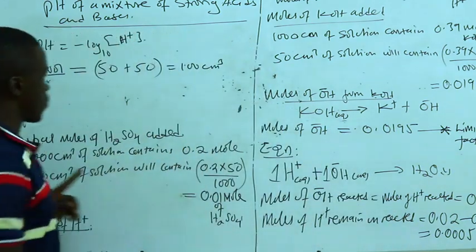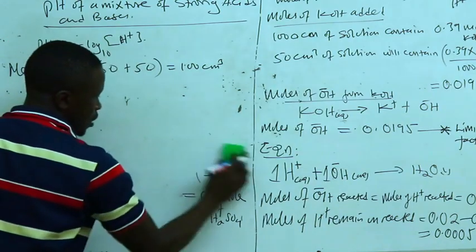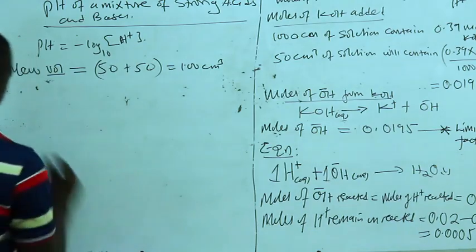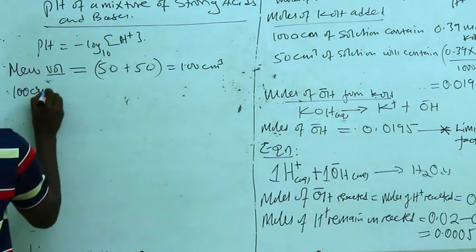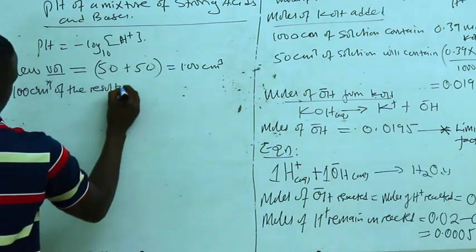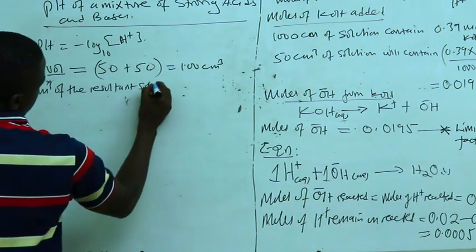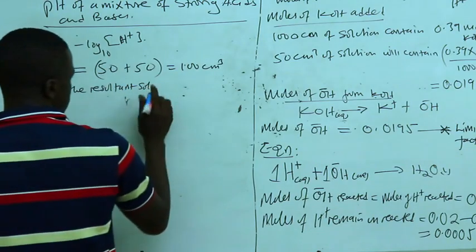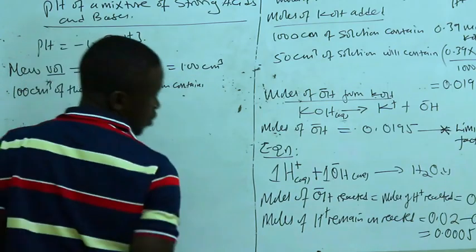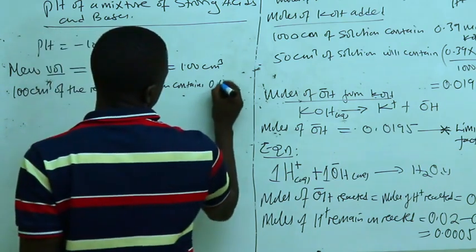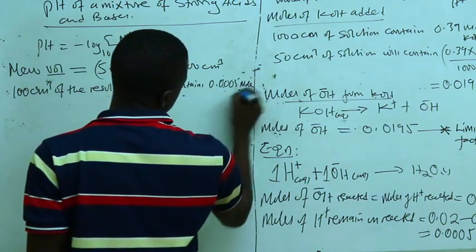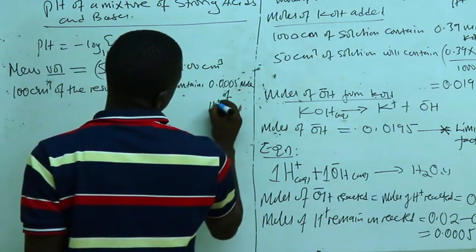So we find out what about in 1,000, so that we get the molar concentration of hydrogen ions. 100 cubic centimeters of the resultant solution contains 0.0005 mole of hydrogen ions.